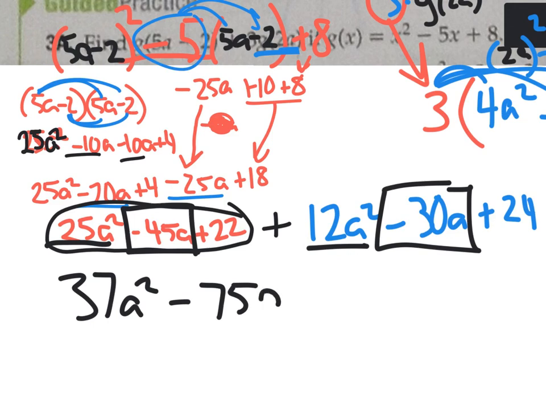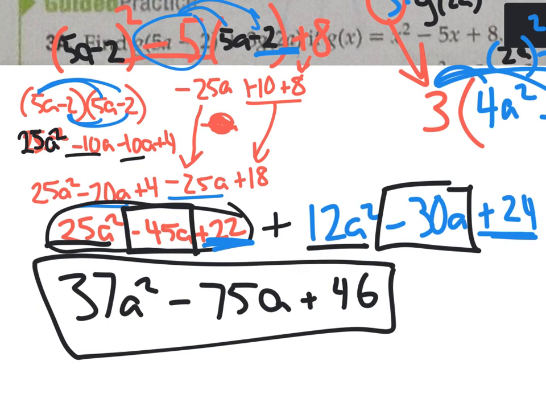Negative 75a. And last but not least, the regular number 22 plus 24. What's 22 plus 24? Positive 46.